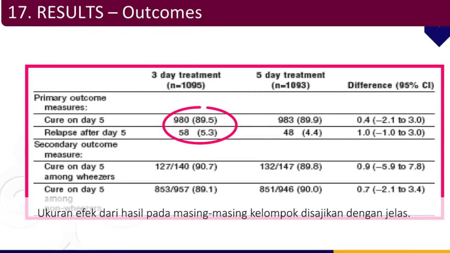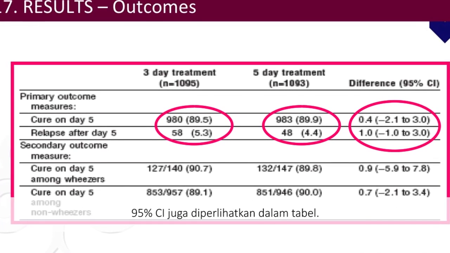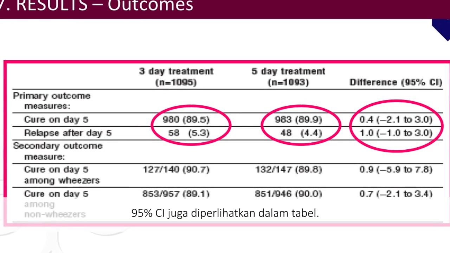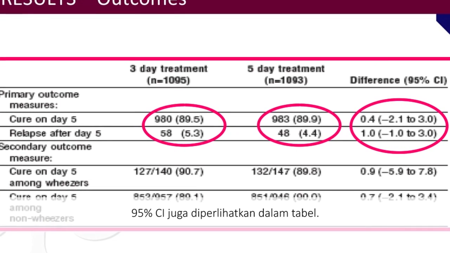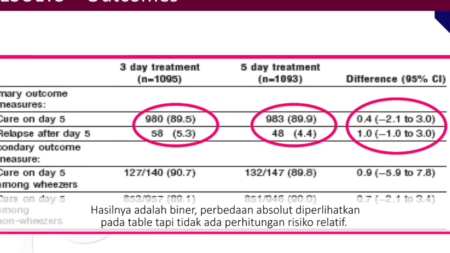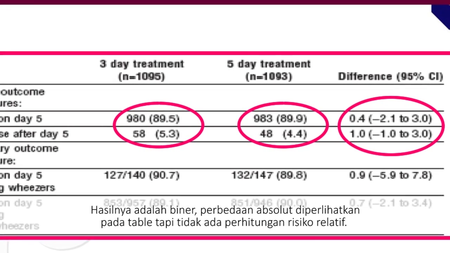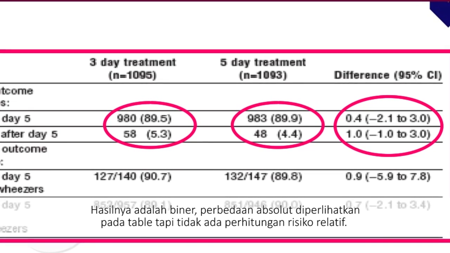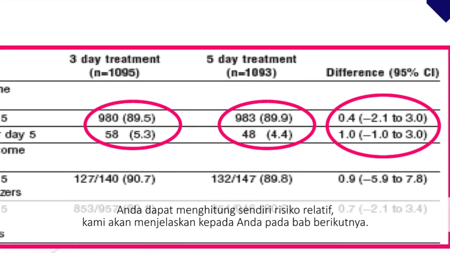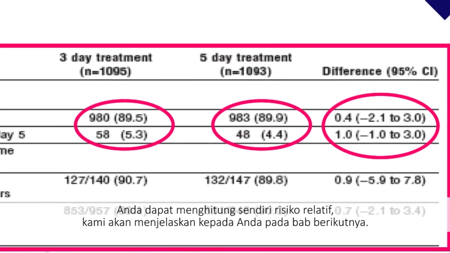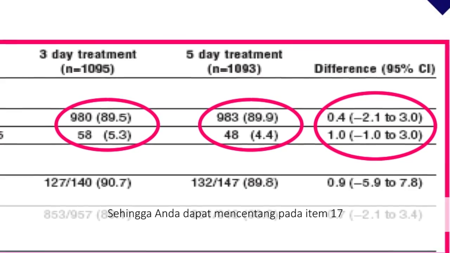The effect size of outcome in each group is presented clearly. The 95% confidence interval is also shown in the table. The outcome was binary. Absolute difference was shown in the table, but there is no calculation for relative risk. You can calculate it yourself; we will explain this in the next chapter. So please check off items 17a and 17b.